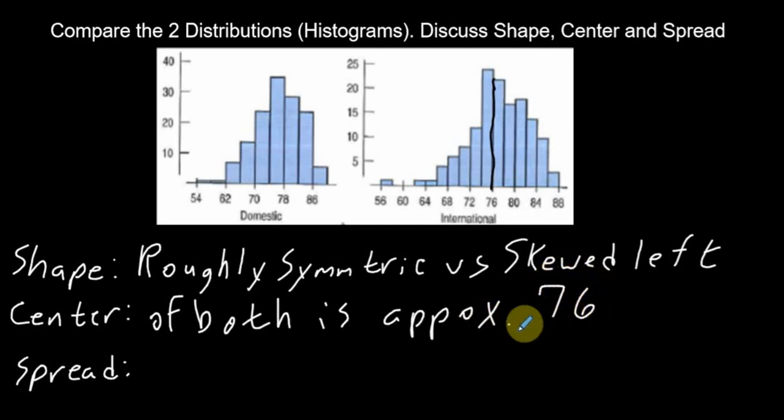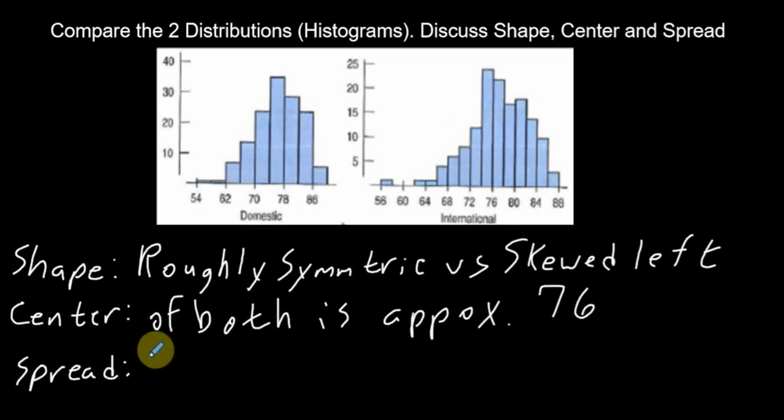If we want to be a little bit more precise, we could say the mean of the domestic looks like it's about 76 and the median of international looks like it's about 76. All right. Let's get rid of that.